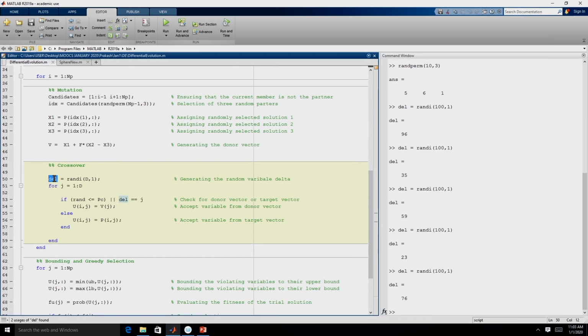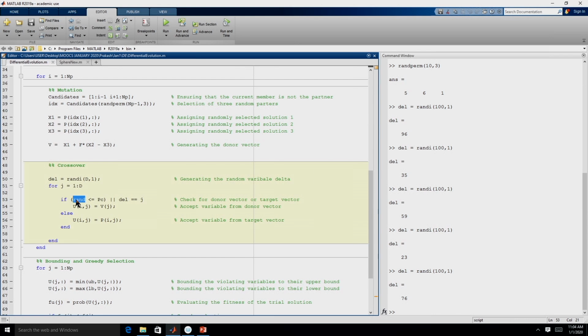So, once we have generated the del value, we need to run a loop for all the decision variables. Remember that equation which we saw is for all the variables. The trial vector will have a dimension of 1 cross d. We just need to choose whether the jth value will come from the target vector or from the donor vector. So, we run this for loop over here for j is equal to 1 to d. We generate a random number using this function rand.